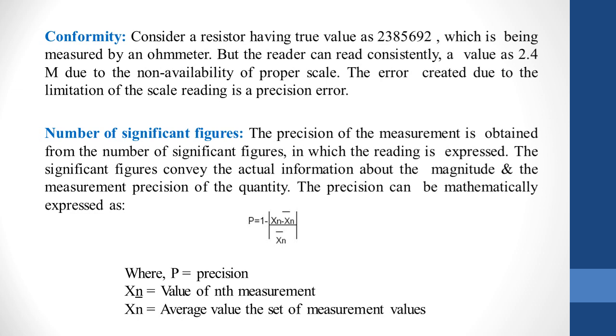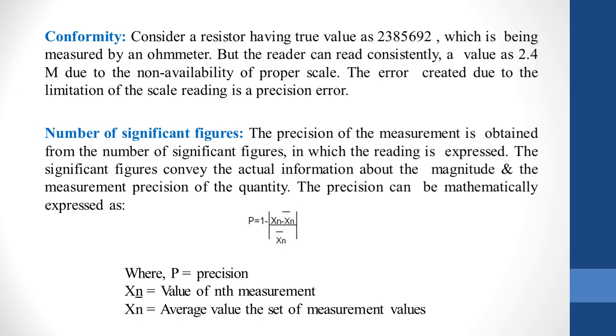Consider a resistor having a true value of 2385692 ohms, which is being measured by an ohmmeter, but the reader can read consistently a value of 2.4 megohms. Due to the non-availability of a proper scale, the error created due to the limitation of the scale reading is a precision error.